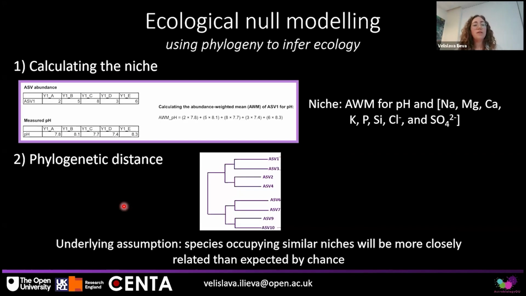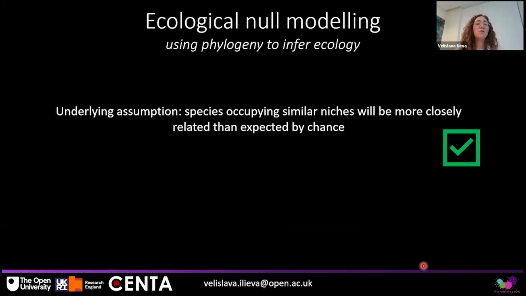So in order to satisfy this assumption of the analysis that species occupying similar niches are more closely related, I then performed Mantel correlation statistical analysis, which I'm not going to go into the details of, but confirmed that this is true for my data.